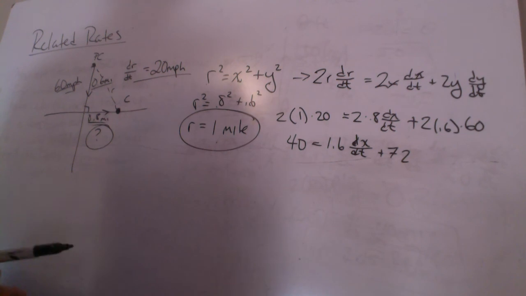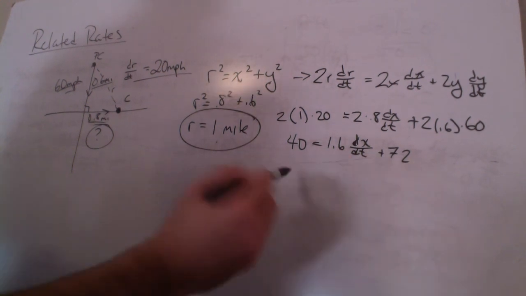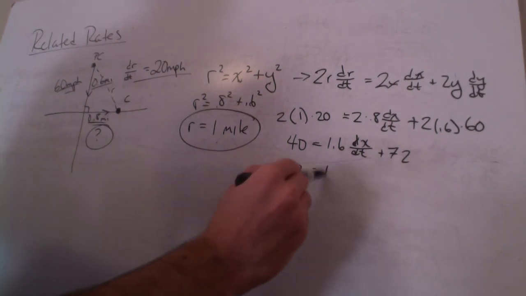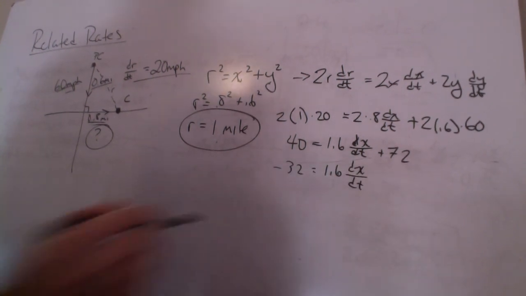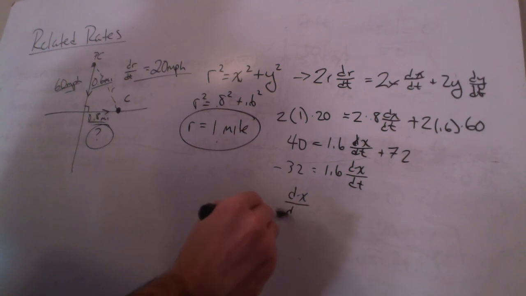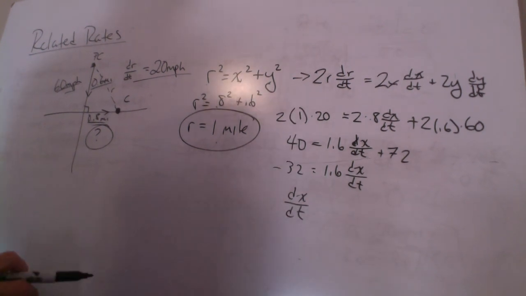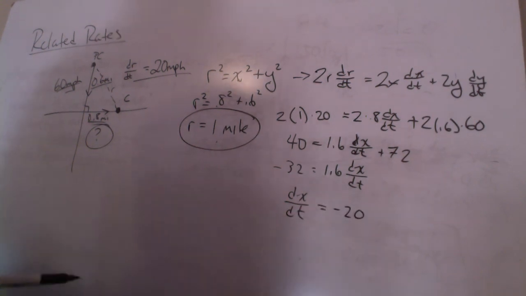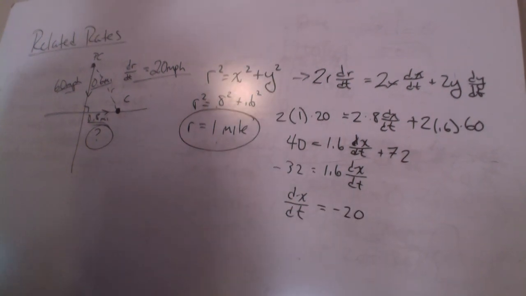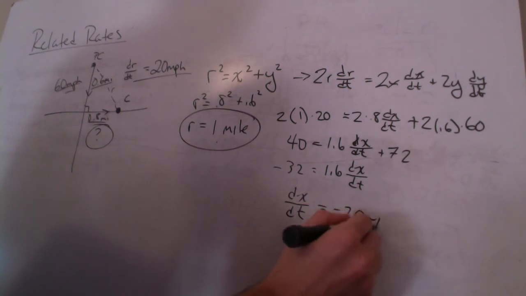Okay, and then, if we subtract our 72, we'll get negative 32 is 1.6 dx dt. And that would make dx dt, 1.6 into 32 is negative 20. Now, I'll label this with miles per hour.